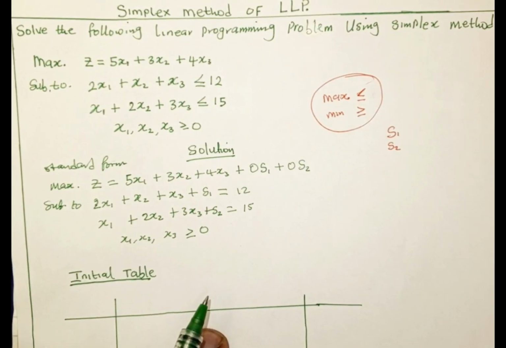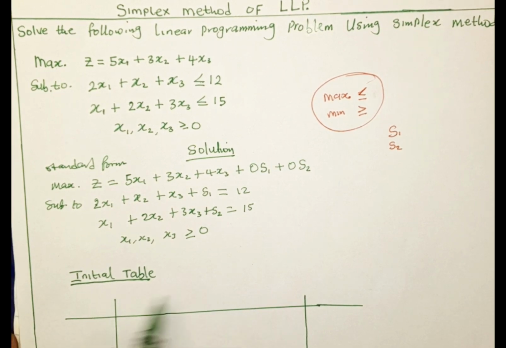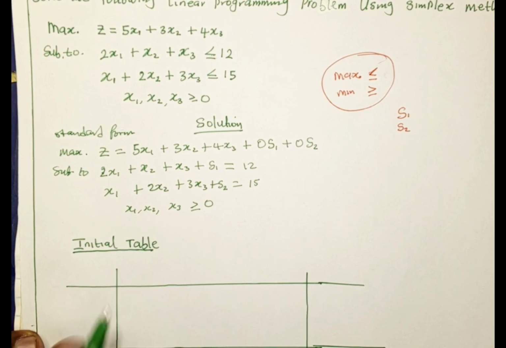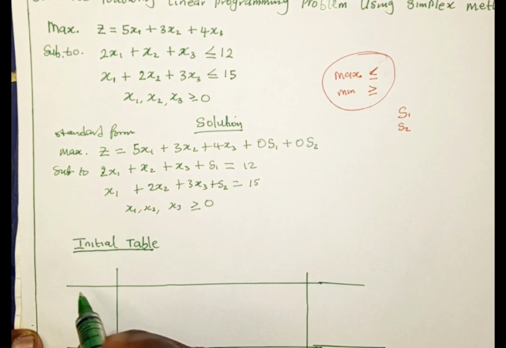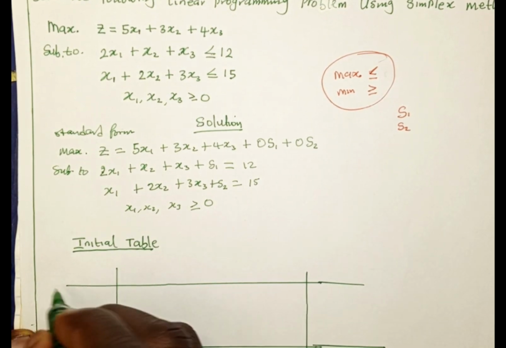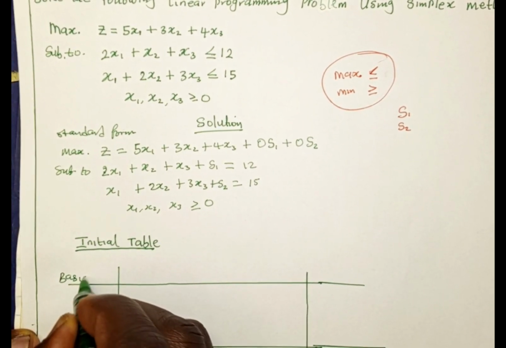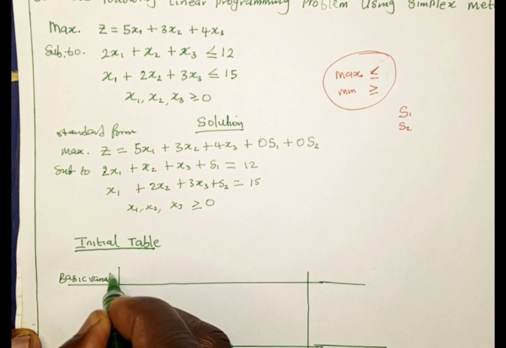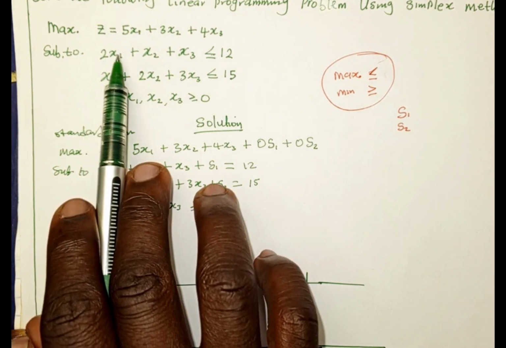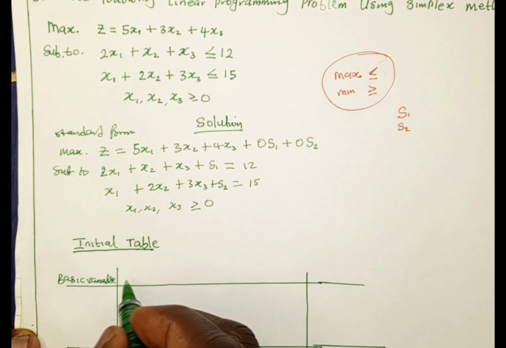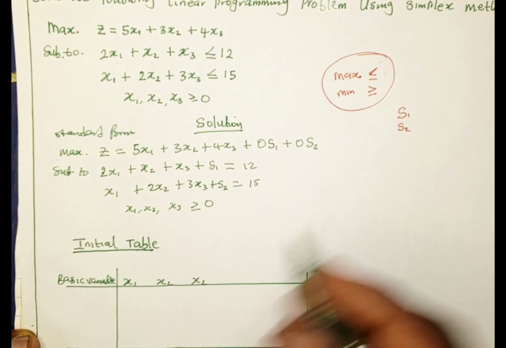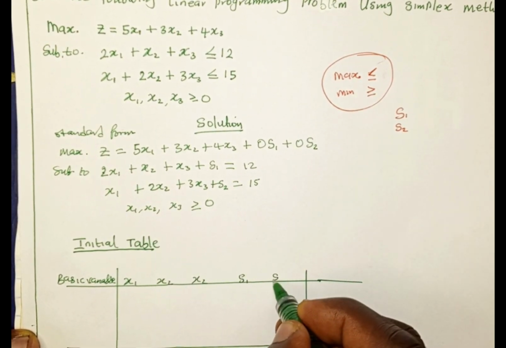So the next thing is to form our initial table. First here is going to be the basic variable. These are the slack variables that we create, which are called basic variables. So we write basic variable. Then here we write x1, x2, then x3, then the slack variables S1, S2.